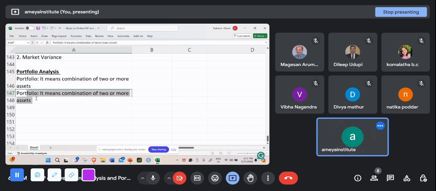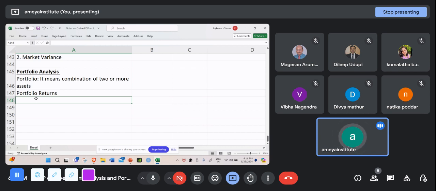Now here we talk about portfolio returns. What exactly are portfolio returns?